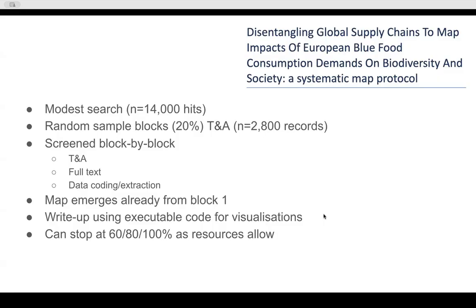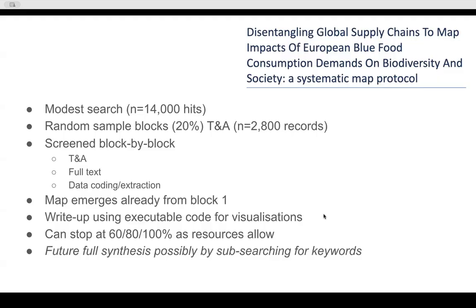And if we use executable code to produce our visualizations in R, for example, then all we have to do is push a button and the bigger database file gets pumped into the code and then outputted into a file that can be immediately updated as we do more.